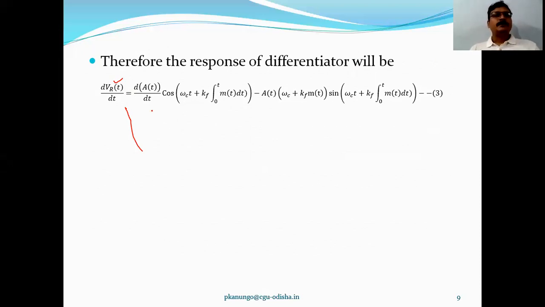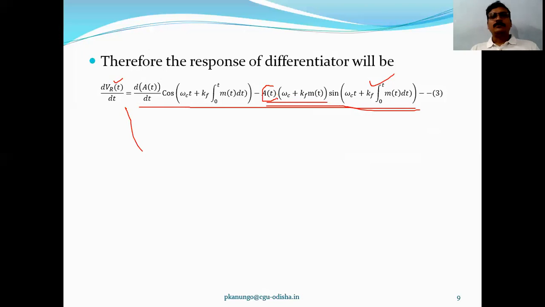Now we will take the derivative of this received signal, which is a noise mixed FM signal, from the previous equation. Then this equation will look like this. If we compare, this is our noise term, and this is the FM term. This is not exactly an AM term because A(t) is multiplied.